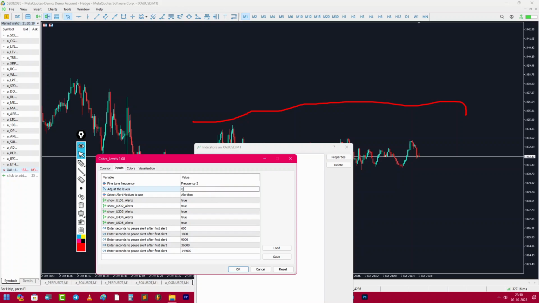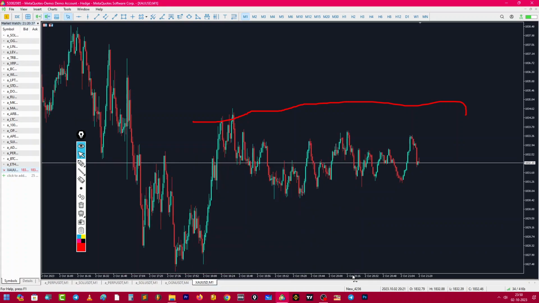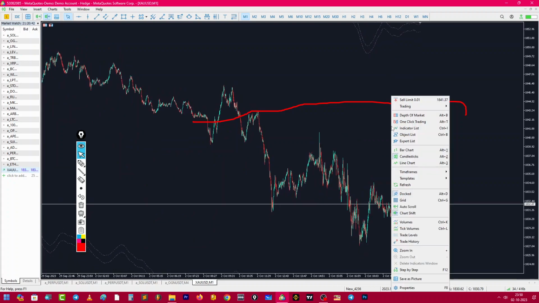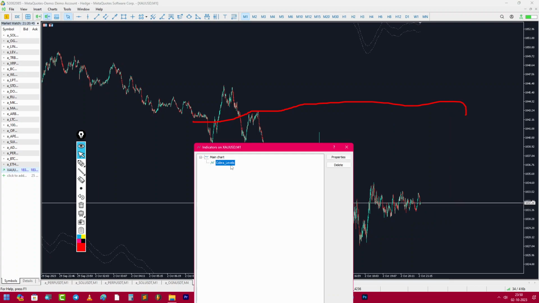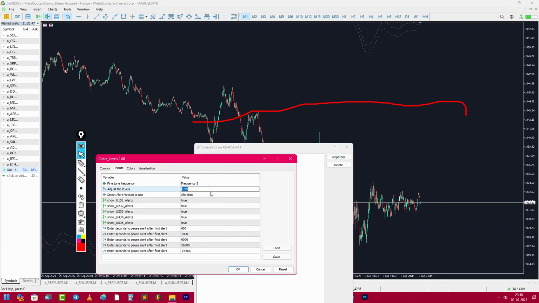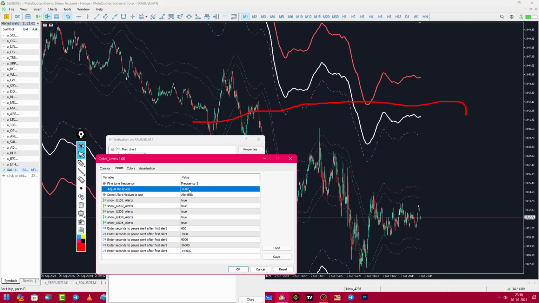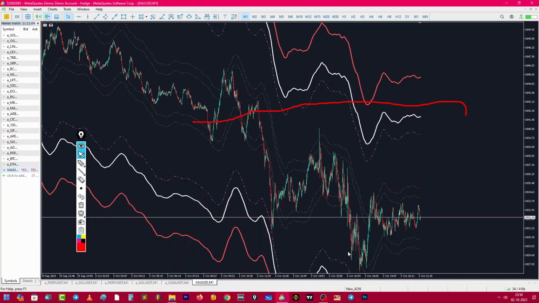Let's say I type 99, and you can see the price levels shifted upwards. What I can do is negative 0.02, and you can see a level may come close to these points and it may also go far away. As you like, you can adjust these settings in the points.